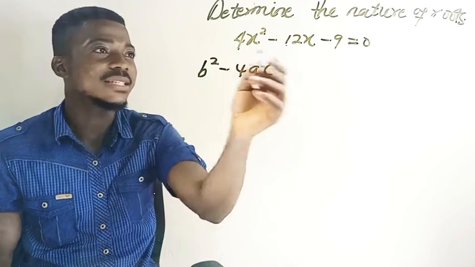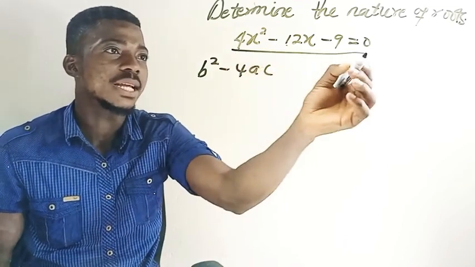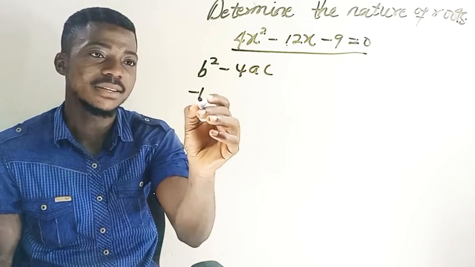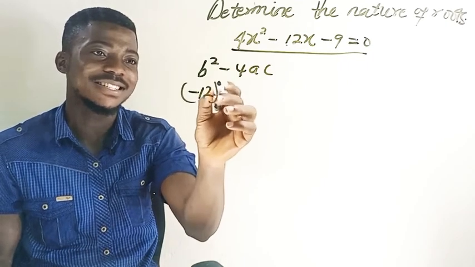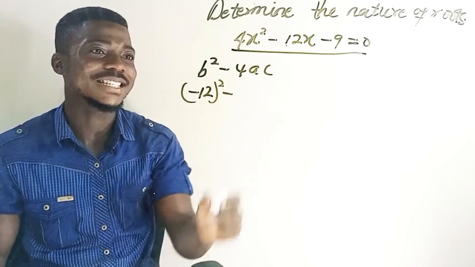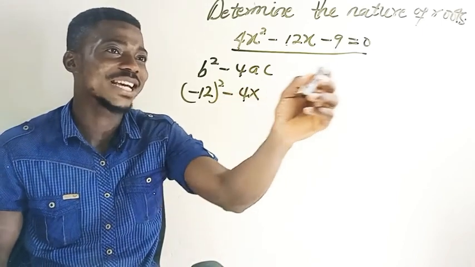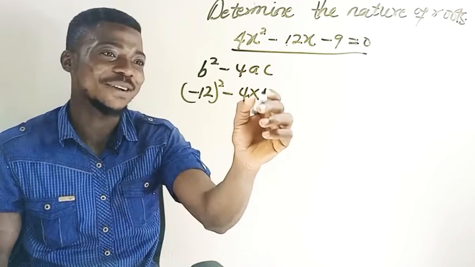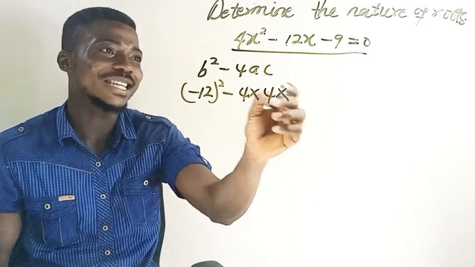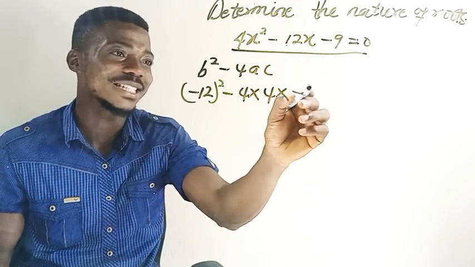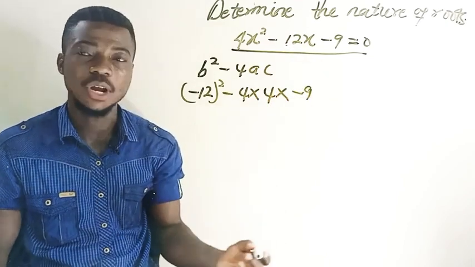So b in this question is negative 12, so we put negative 12 squared, minus 4 times a. Now a in this question is 4, so times 4, times c. And c in this equation is negative 9. Then we multiply.